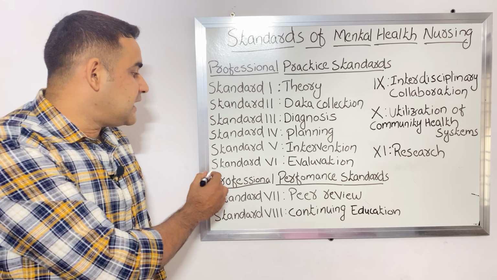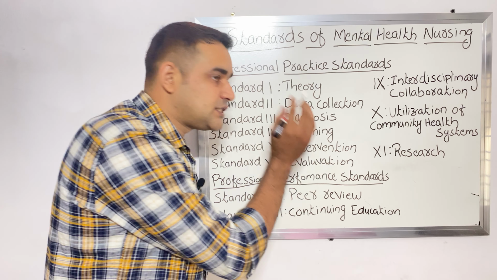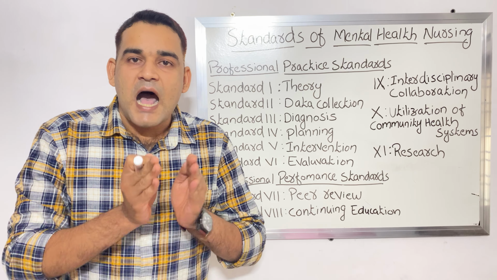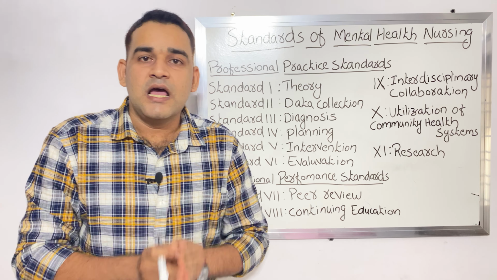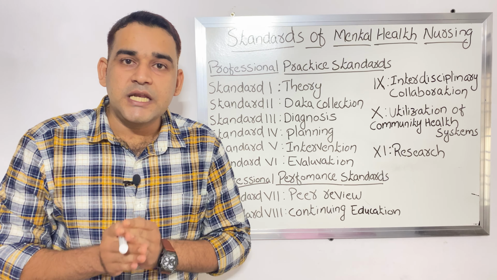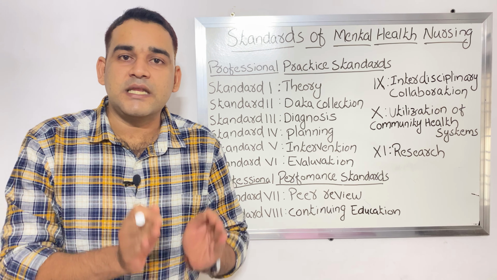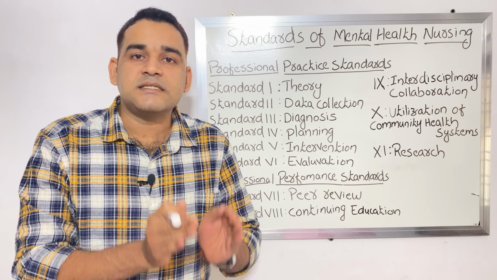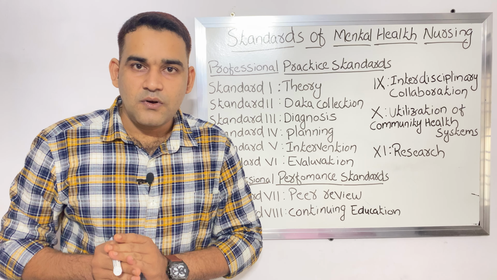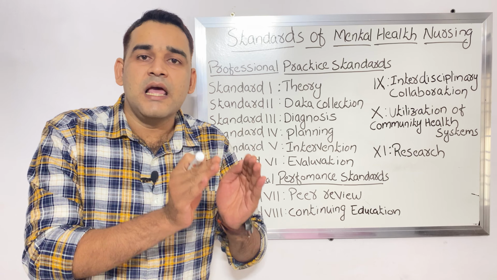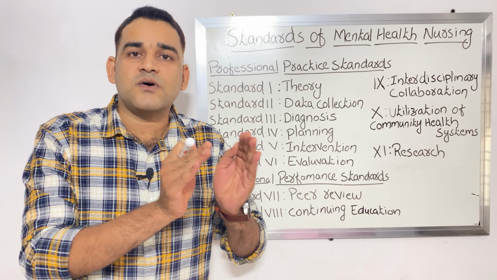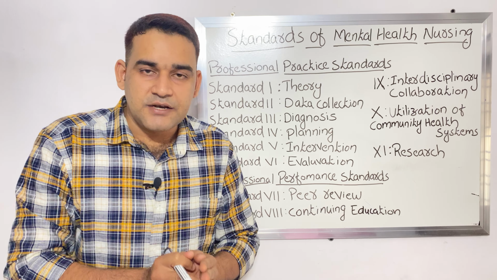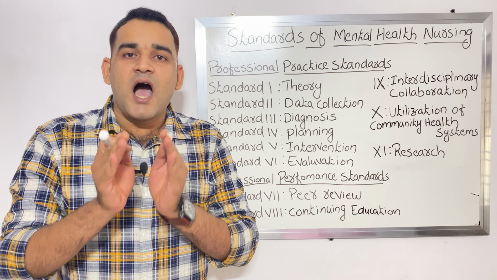Next, standard 6 is evaluation. Here the mental health nurse will continuously evaluate the effectiveness of the care given, whether the goal has been achieved. The nurse will evaluate the progress of the care given by checking the changes or progress in the patient, whether we have achieved the expected outcome.